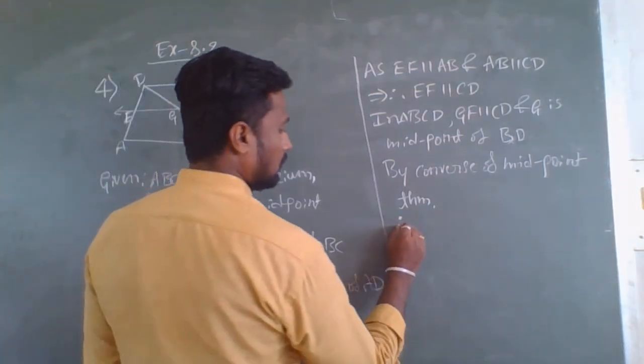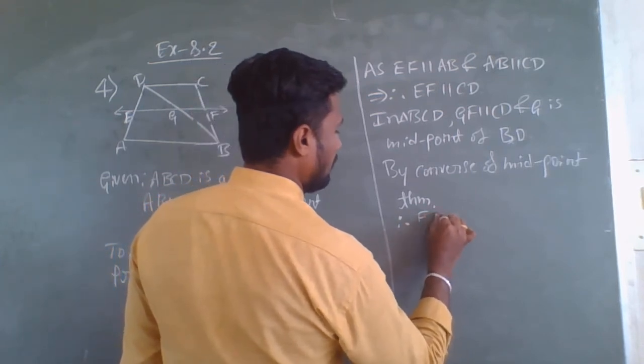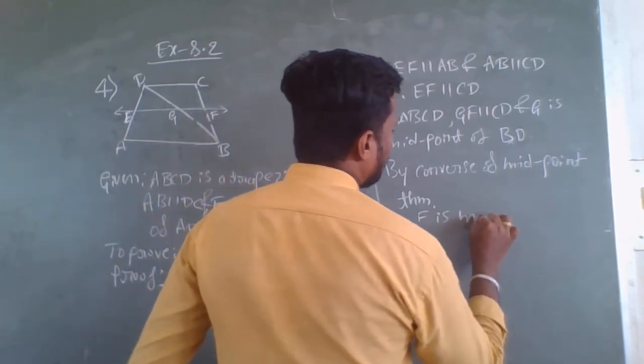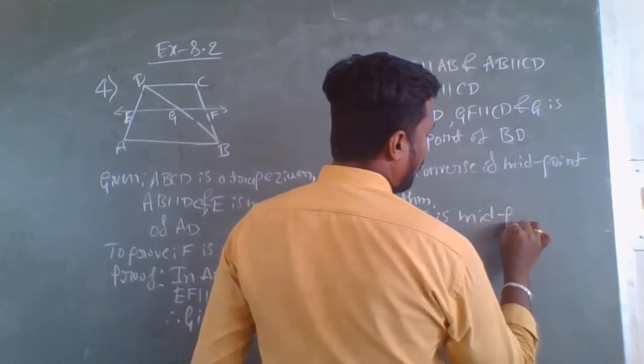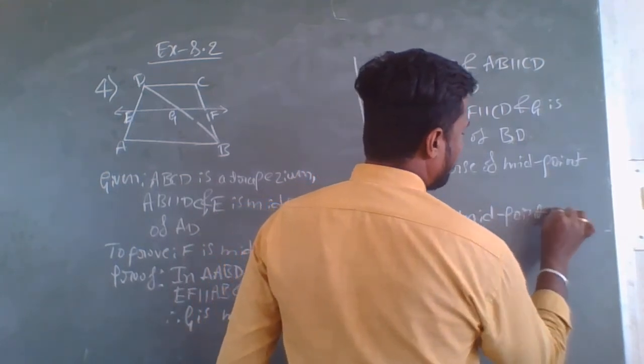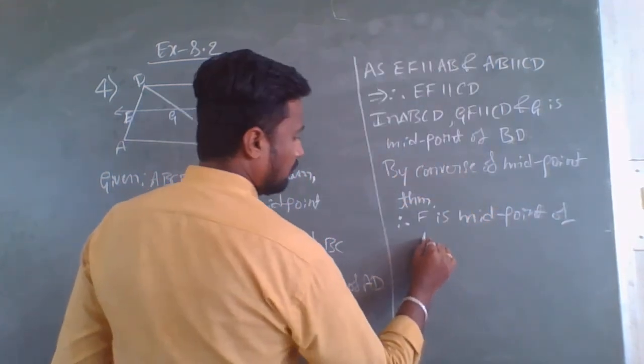Therefore, you should write F is the midpoint of BC.